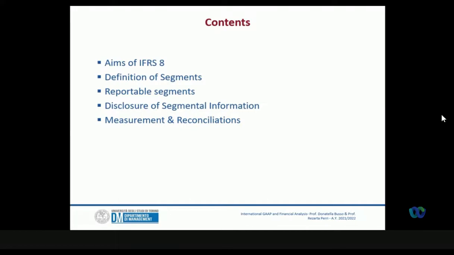The problem with segment reporting, it's not actually a problem, but IFRS 8 requires the segments to follow a management point of view approach. That means that sometimes when we report data about segments, they are not following the IFRS rules.